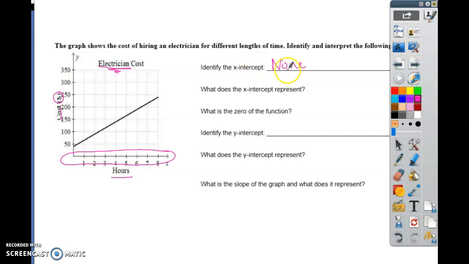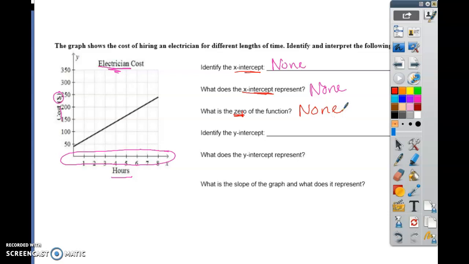If there's no x-intercept, then it really doesn't represent anything. So we're just going to put none. Okay, same thing with the zero. What is the zero? Well, the zero is the x-intercept. And if there is no x-intercept, then there is no zero.